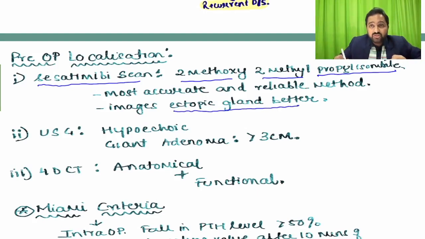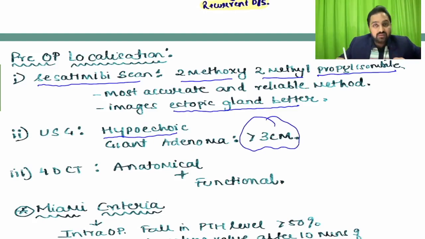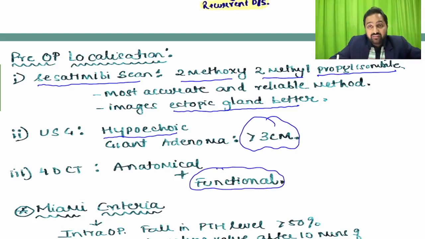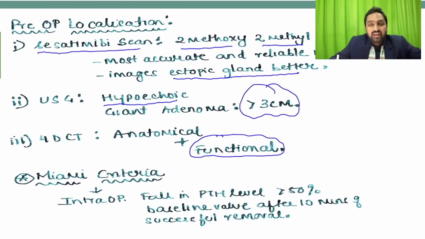In case of USG, remember that parathyroids are hypoechoic in nature, and for giant adenoma, the size cutoff is taken to be 3 centimeter. Then there is a 4D CT where you need to remember that the fourth component that has been added is the functional component, and we have a criteria known as the Miami criteria. What happens in this Miami criteria is that it is used intraoperatively.